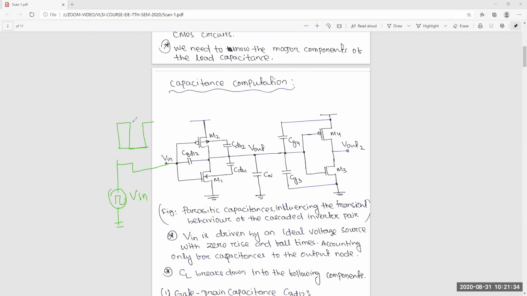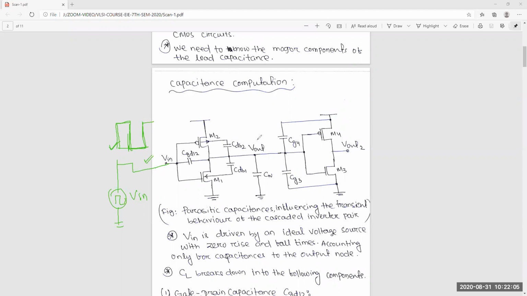It's zero rise time and zero fall time. We are assuming here that there is no input load capacitance also. Suppose another circuit is connected, then definitely some capacitance will come here, but we are assuming there is no capacitance and Vin is ideal, with no rise time and no fall time.